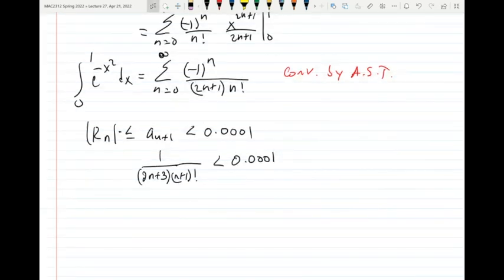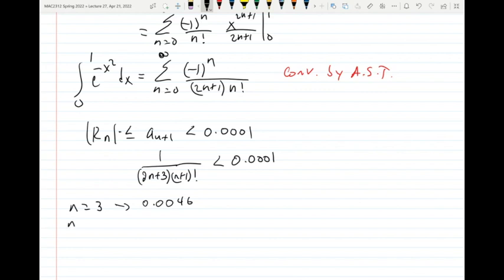And now it's just a matter of trying things. So let's see. I'm going to start with n equals maybe 3. If we put n equals 3, what do we get? We get 6 plus 3, 9. That's 9 times 4 factorial. Then you flip it. I get 0.0046.